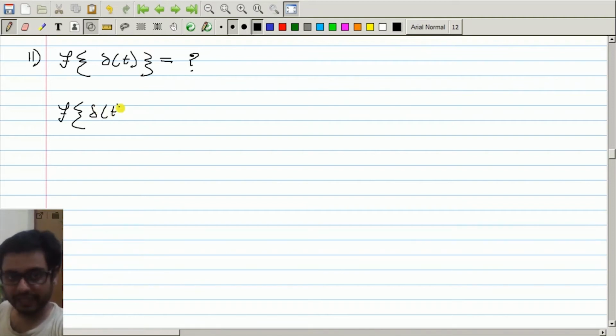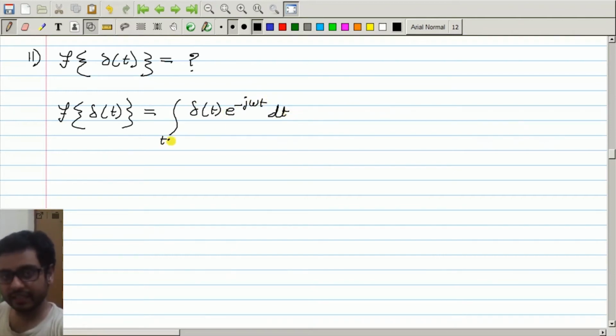Fourier transform of delta t is by definition integration of delta t e to the power minus j omega t dt, t running from minus infinity to plus infinity, and this integration with this delta function, you know, is equal to e to the power minus j omega t, this function evaluated at t equal to 0, which is 1, and that is the answer. Very important result to remember.